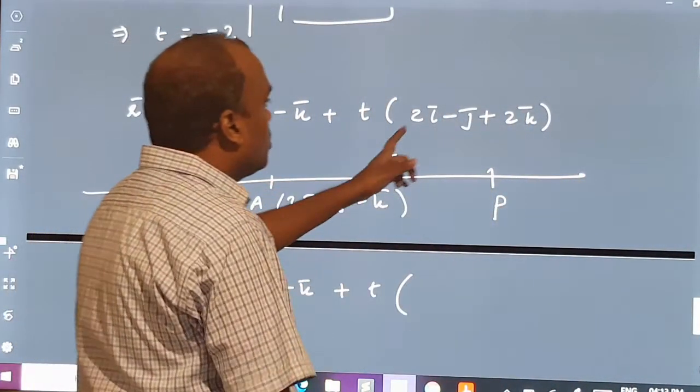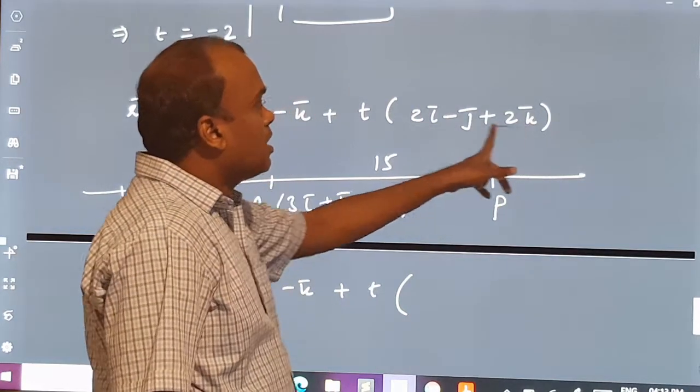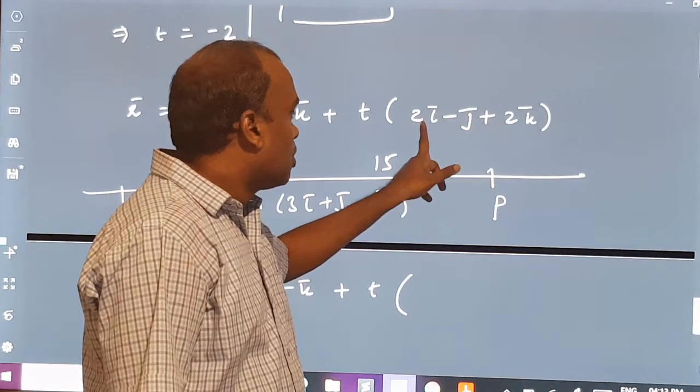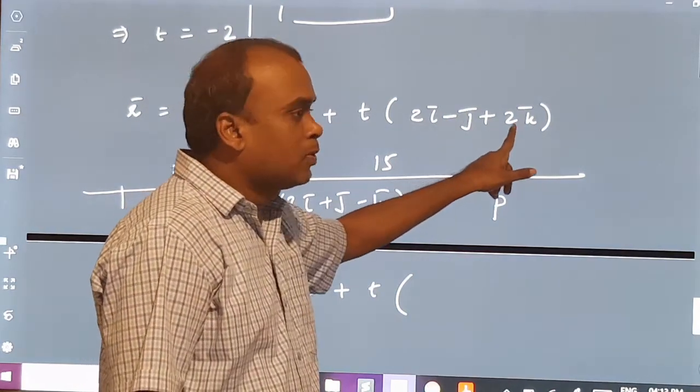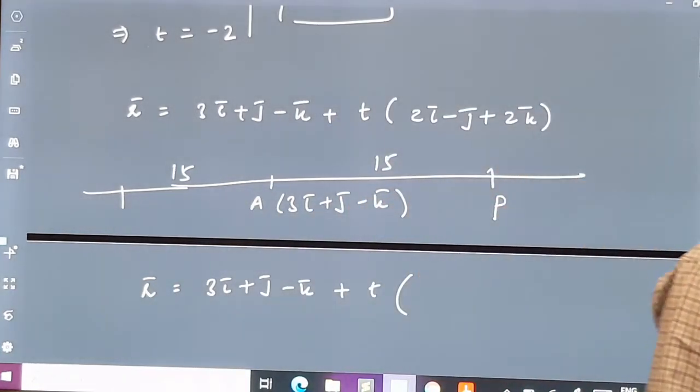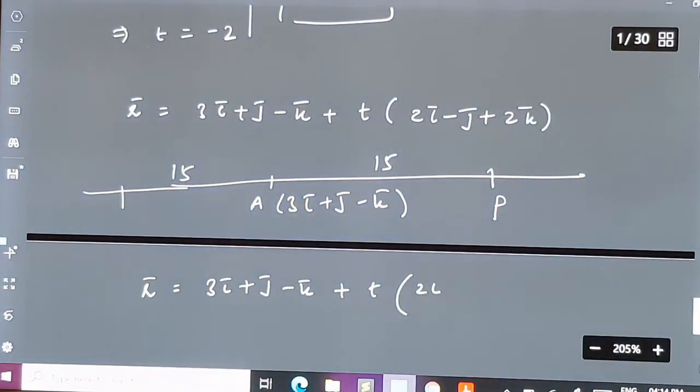To make it into a unit vector, I just have to divide it by its magnitude. Its magnitude is root of 4 plus 1 plus 4, that is 3. So I just divide that by 3. So it is (2I bar minus J bar plus 2K bar) by 3.